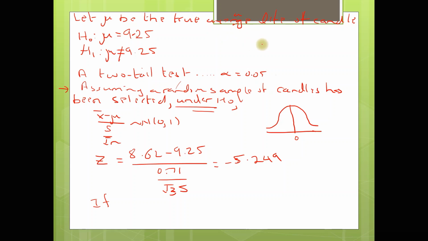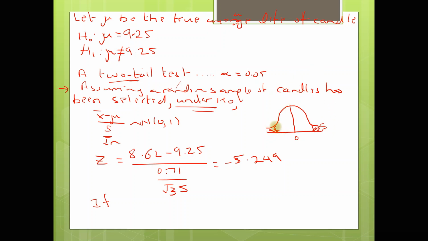Your alternative is a not equal to, which means that you are carrying out a two-tailed test as we mentioned earlier. Because you are carrying out a two-tailed test, it means that your distribution is divided into two parts. One on the left and one on the right.